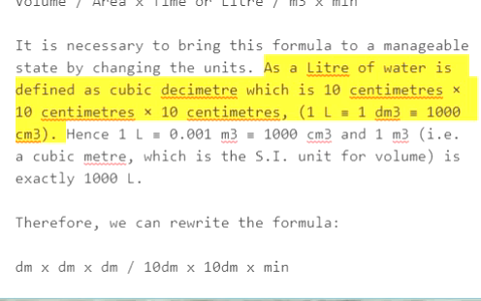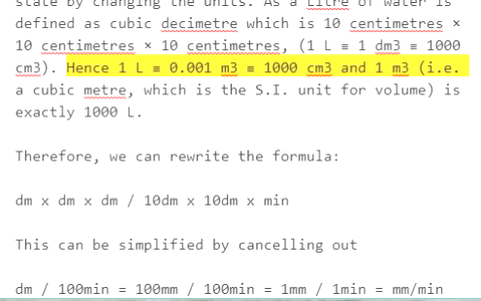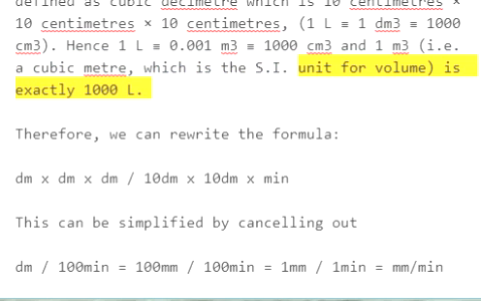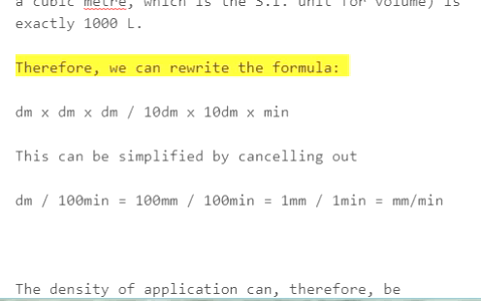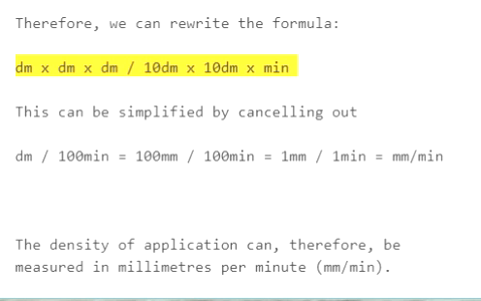As a liter of water is defined as a cubic decimeter, which is 10 centimeters times 10 centimeters times 10 centimeters, 1 L equals 1 cubic decimeter equals 1000 cc. Hence 1 L equals 0.001 cubic meters, and a cubic meter, which is the SI unit for volume, is exactly 1000 L. Therefore, we can rewrite the formula in decimeters, 10 decimeters by 10 decimeters.